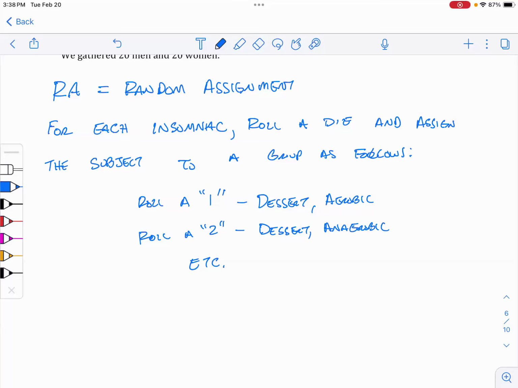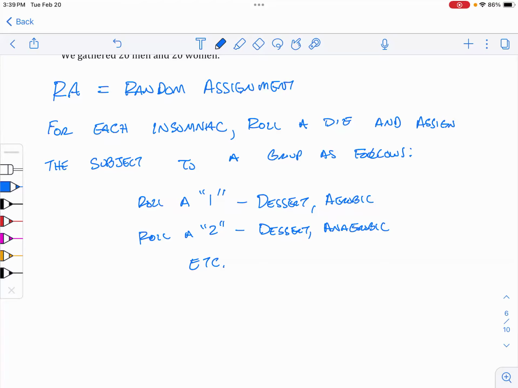And then as a note, is it possible I roll 7 1s in a row? Yeah. So on the 8th roll, I get another 1. What do I do? It said 7 insomniacs. That group is full.